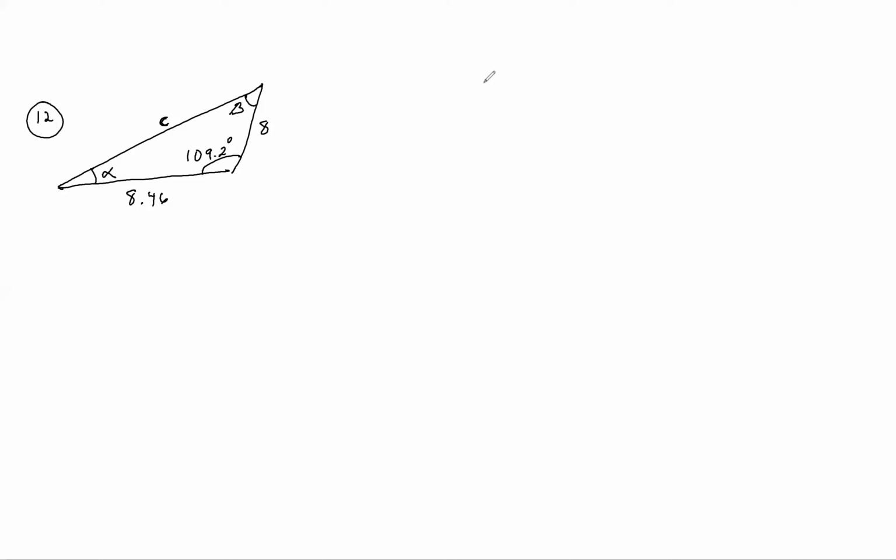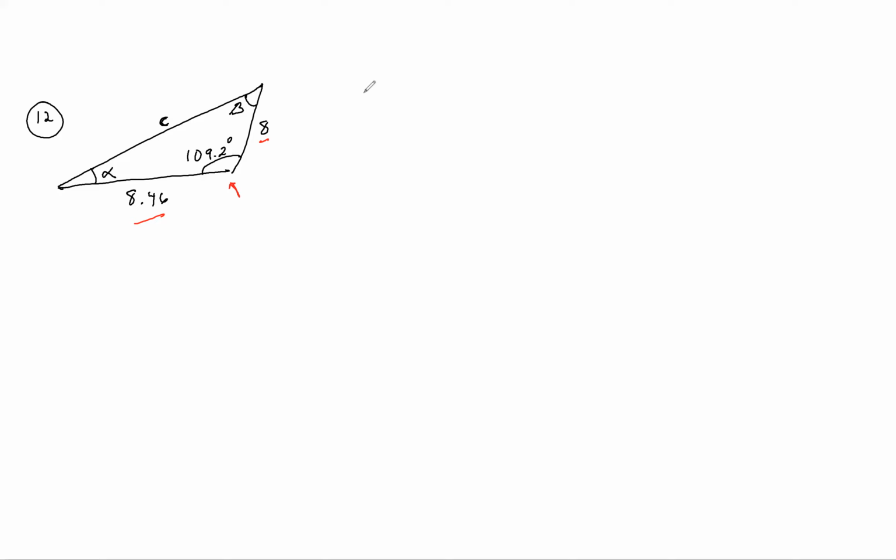We got another option, the law of cosine. If you know the adjacents and this angle, similar to the previous one, I can use the law of cosine, because my unknown will be the opposite.